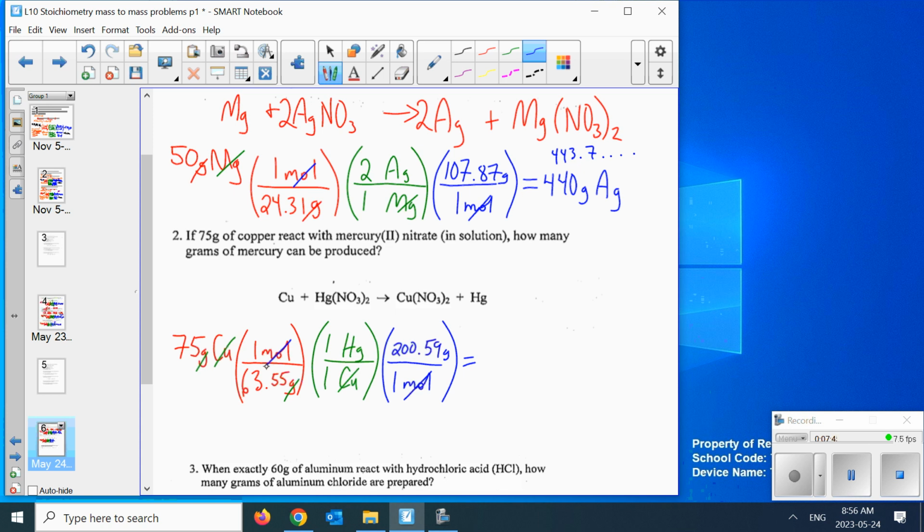You guys did this: 336.7, blah blah blah. So I'm going to keep, I'll write this down, this is what I'm covering. I'm going to keep 2 digits, so that's 240. 236 is closer to 240 than it is to 230. That's in grams, and that's mercury.